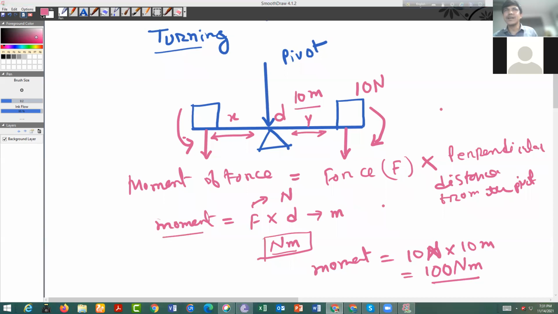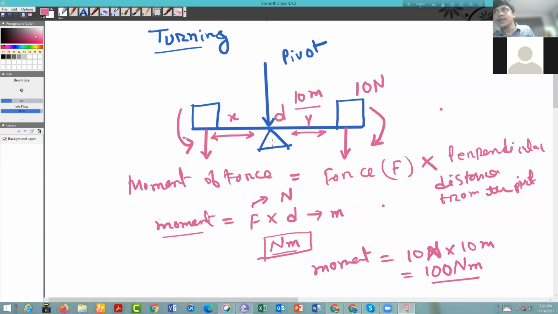That means the perpendicular distance will be taken from the pivot point. So this will be what? Clockwise, because this is this side. This will be a clockwise moment. The force will rotate the object in a clockwise direction about the pivot. So think about something you are putting here, and you are giving the force here, so it will go down, right?